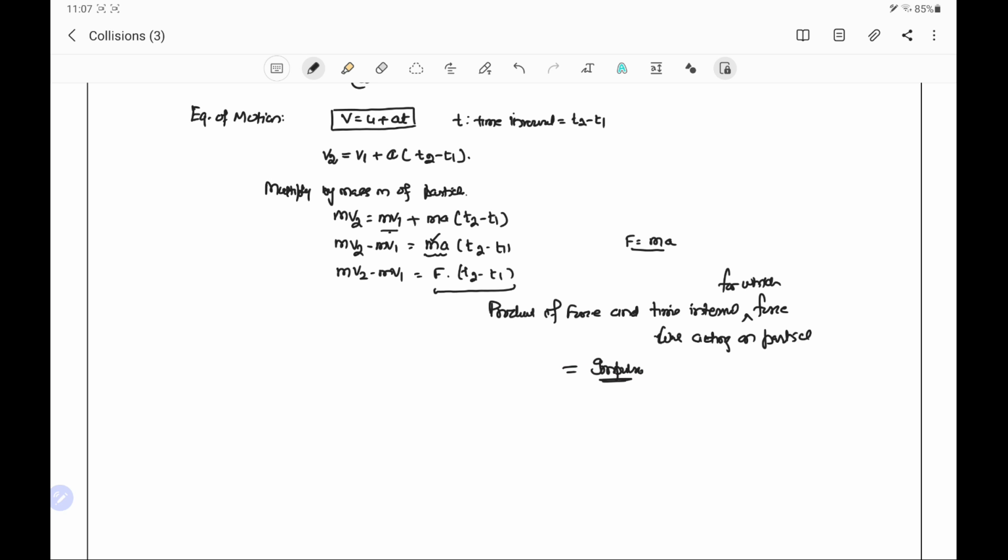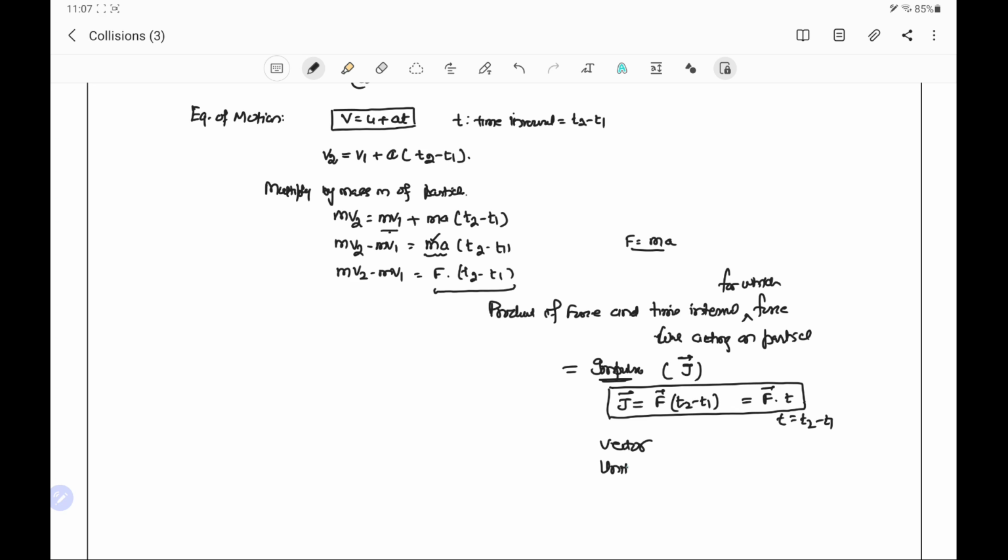Impulse is the product of the force and the time duration for which this force is acting on the body. We represent this impulse as J. This is a vector quantity, so we can write impulse J equal to F into t, where t equal to t2 minus t1. So this is the impulse of the force which acts on the body for a time interval t2 minus t1. It is a vector quantity.